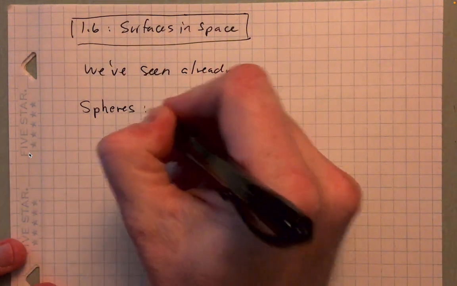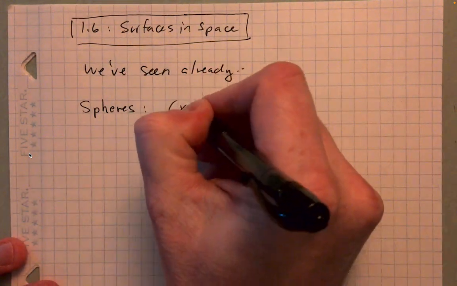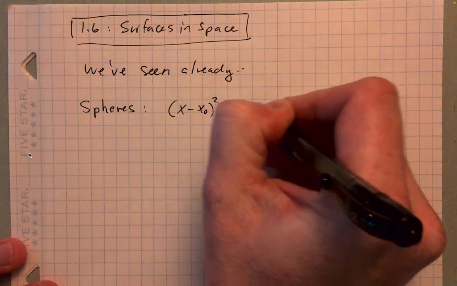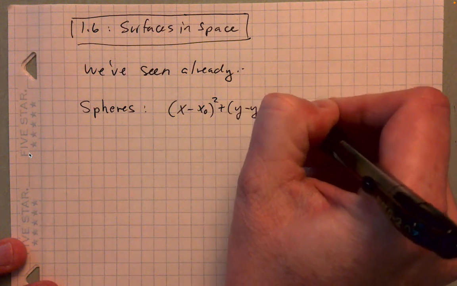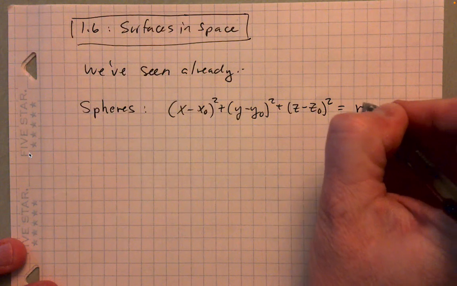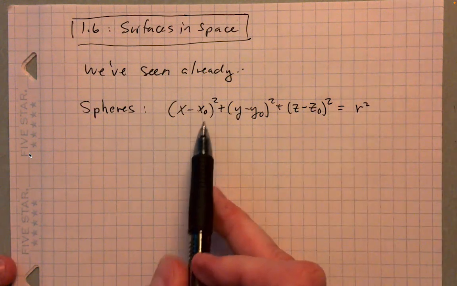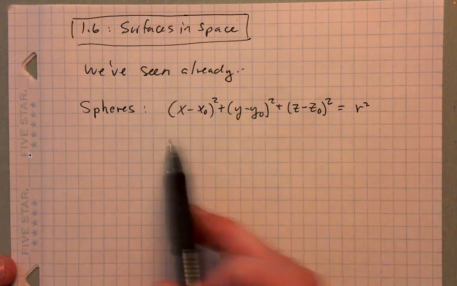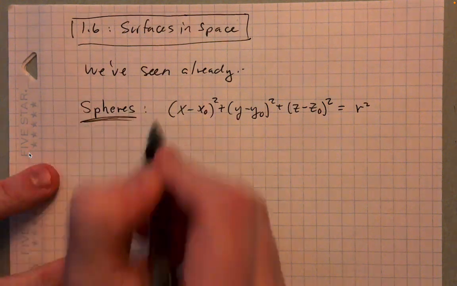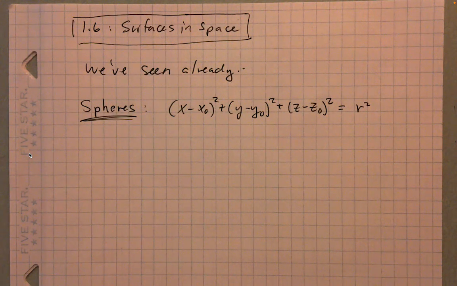We saw that the equation for a sphere was (x minus x0) squared plus (y minus y0) squared plus (z minus z0) squared equals r squared. Here, (x0, y0, z0) is the center of the sphere, and r is the radius of the sphere. We've seen those types of three-dimensional shapes.